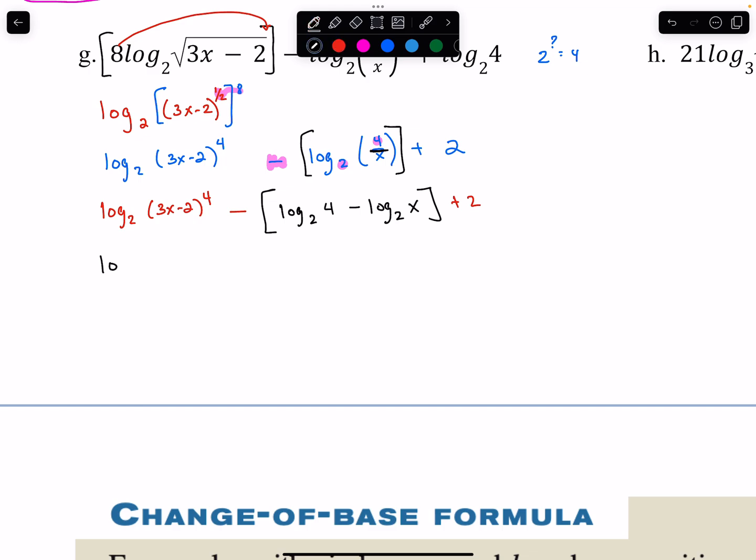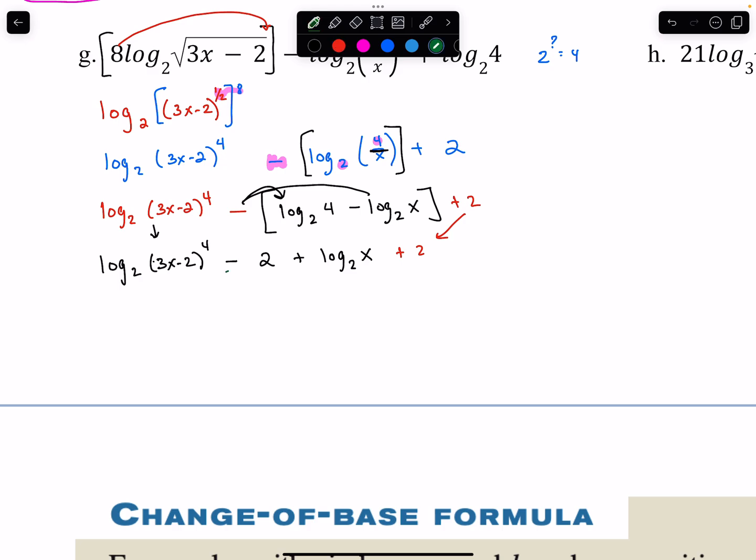Okay, so let me backtrack and write everything I have. So 3x minus 2 to the fourth, I'm just bringing this down. Minus, so I'm distributing the negative here, and log base 2 of 4 is 2. And then distribute the negative here, plus log base 2 of x, and then plus 2 at the very end.